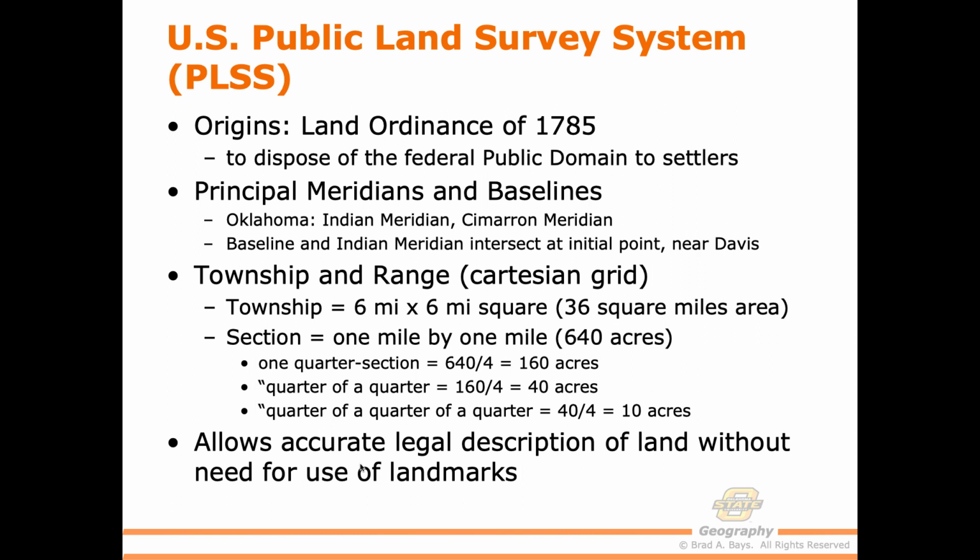And up until this point, land survey in the United States followed the old British system known as metes and bounds. Metes and bounds. So we'll look at some patterns of that in a little bit, but basically it's a very chaotic system. It had no regularity to it.